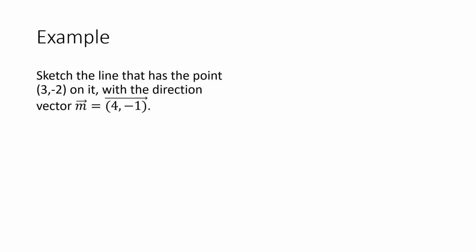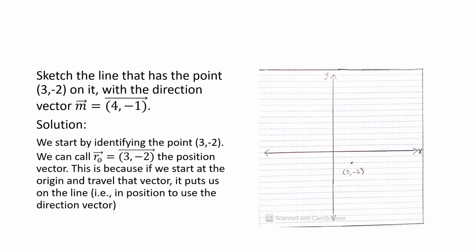Let's sketch the line that has the point 3, -2 on it with the direction vector m equals 4, -1. Well, we start by identifying the point 3, -2, and you can see we've got it there. And we're going to call that the position vector, because if we can find that point first, then we can go to the origin and draw a vector out to that point.